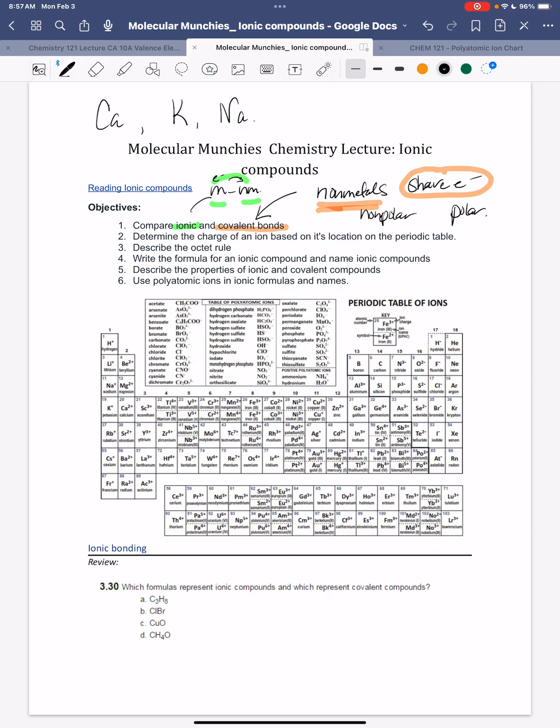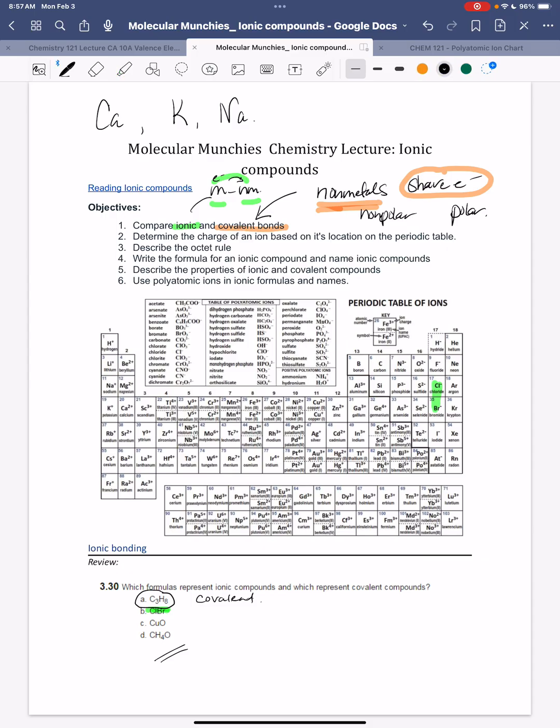Okay, so just basically talking about a review, we can identify ionic versus covalent if we just locate them on the periodic table. A hydrocarbon, a carbon and a hydrogen, is going to be a covalent compound. Chlorine and bromine is going to be a covalent compound because those are two nonmetals. They're all halogens.